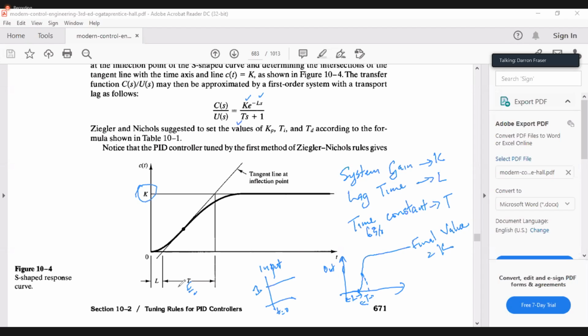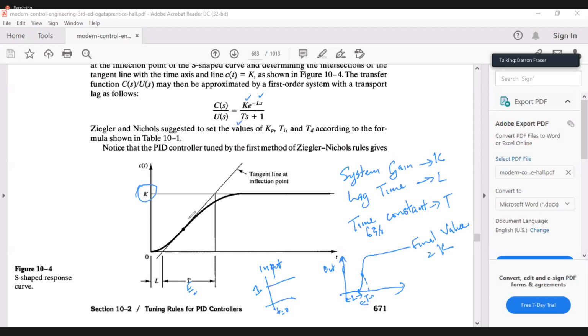Now, this here says differently. What it says is that you find the line of steepest slope in your graph, and then you draw a tangent to the line of steepest slope.